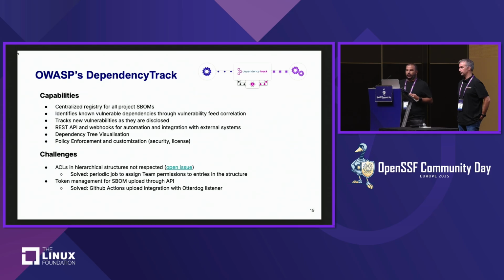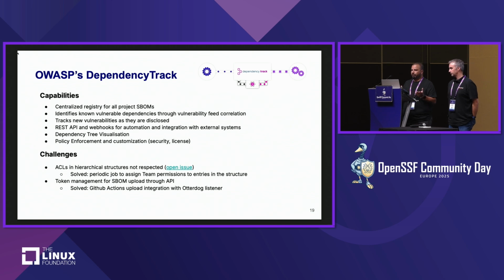So, we chose Dependency-Track right now because we have a centralized registry for all the SBOMs, and we can identify vulnerabilities through the field correlation, and we can also track new vulnerabilities if they are disclosed.